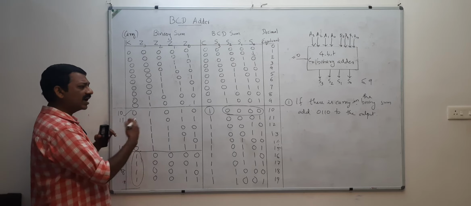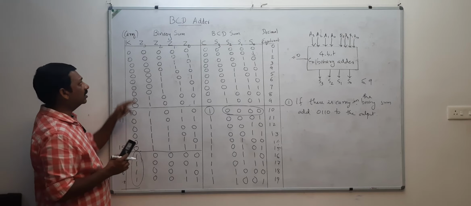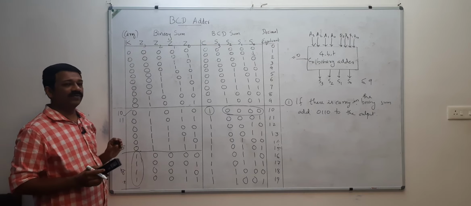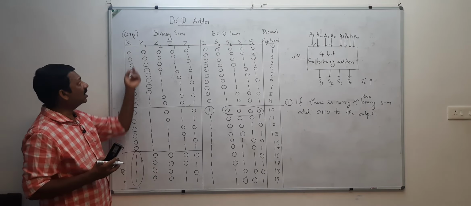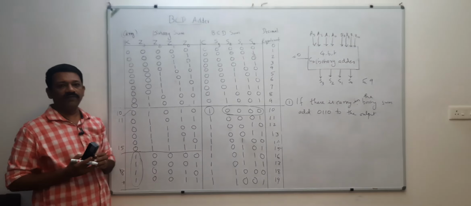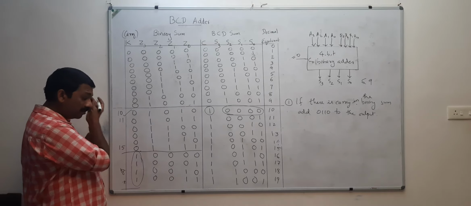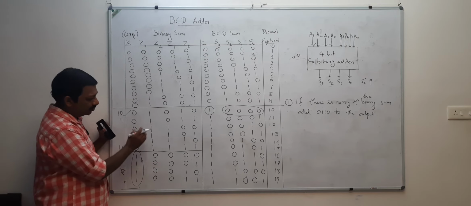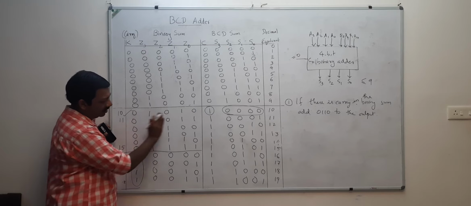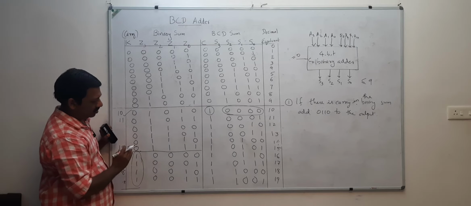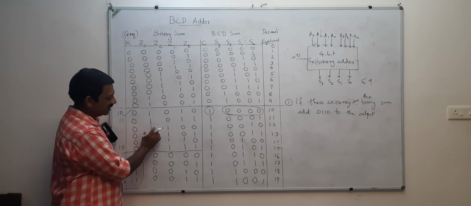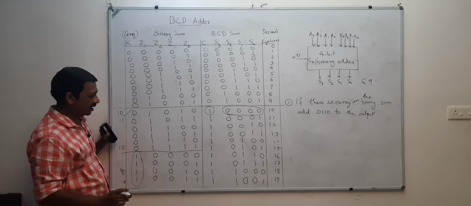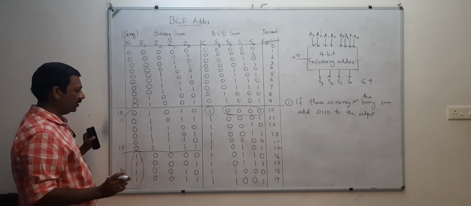See, using a Karnaugh map we can do this, but here using a Karnaugh map is difficult because there are 5 variables. So you have to find the pattern in this, and I will tell you how we are doing that.